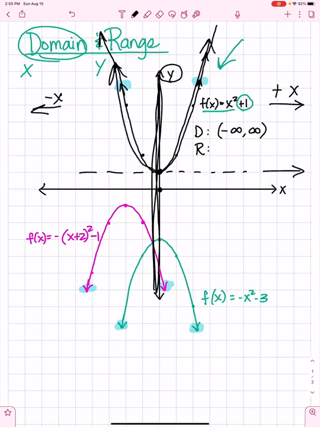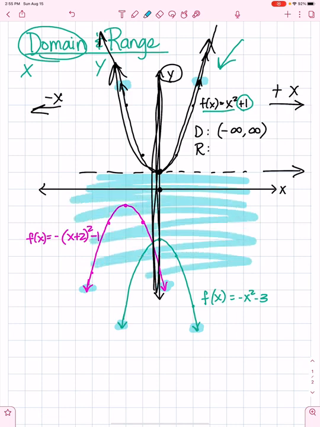That means it's never going to turn around and start going in the other direction, which means all of these values right here for the y, they are not included in the range because the graph does not include those values. So what that means is that the range starts at positive 1 and includes it, and then it goes on forever in the positive direction because it goes up in the positive direction.